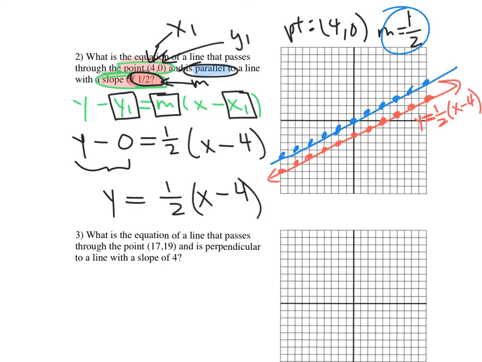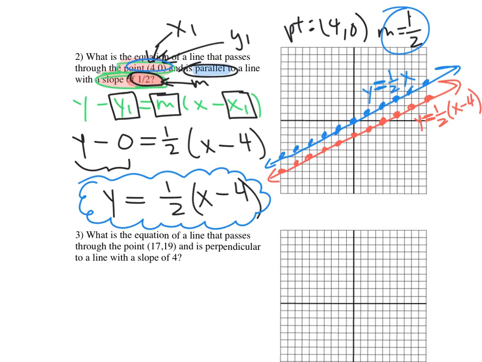And connect them with a nice straight line. So this would be the equation y equals 1/2 x, just because I kept it at the origin. So these two equations would be parallel to each other, but really this is our solution because I wanted to know that it ran through this point (4, 0). But I'm just giving an example here.